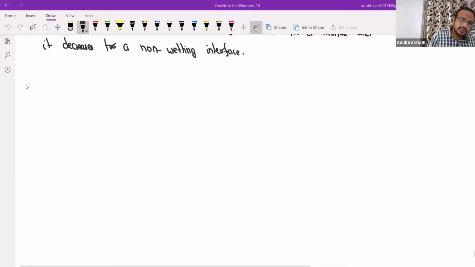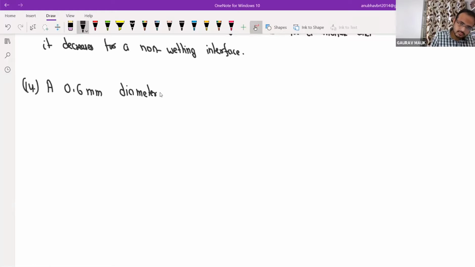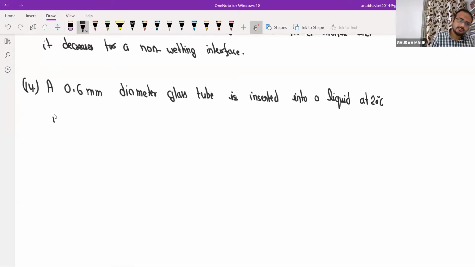Write down question number 14. A 0.6 millimeter diameter glass tube is inserted into a liquid at 20 degrees Celsius in a cup.